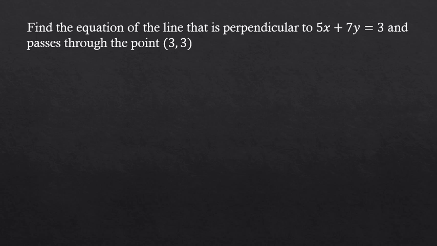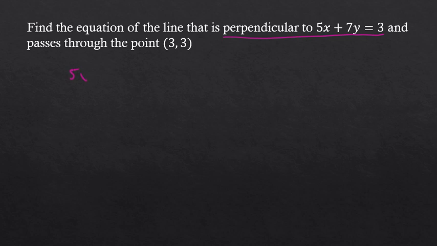Find the equation of the line that is perpendicular to 5x plus 7y equals 3 and passes through the point (3, 3). All right, so again, we are going to work with this first piece of information that we are given here. Let's take this and solve it for y.